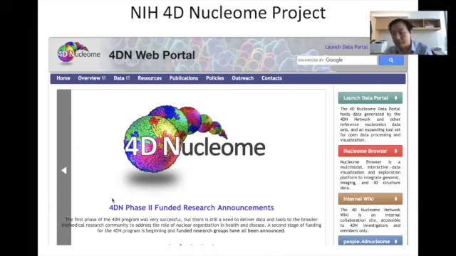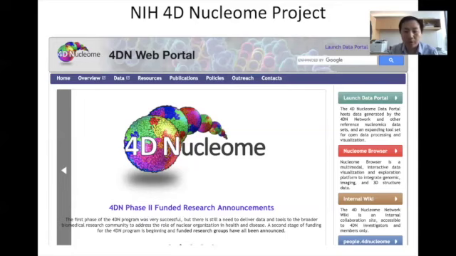The idea is that people will compare different genome assays and also compare the observations you can make from genomics with imaging. We'll see if we can have a really complete picture of the 3D genome. Of course, 4D here means you also have another dimension: 3D plus time series, right? During differentiation or during health to disease transition. So that's where the 4D comes from.